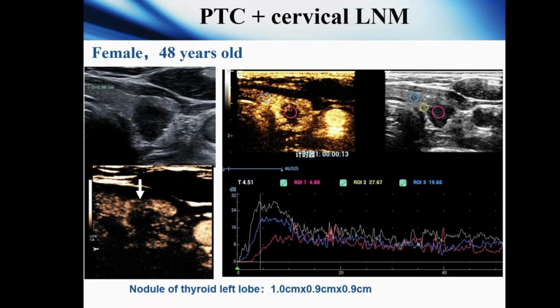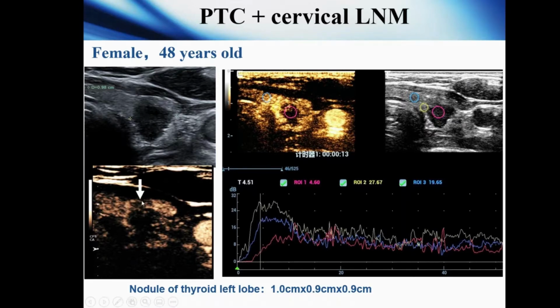This is a woman, 48 years old. A hyperechoic nodule with a maximal diameter of 1 centimeter was in the thyroid. Internal heterogeneous low enhancement and peripheral marked high enhancement area were shown by contrast enhanced ultrasound.